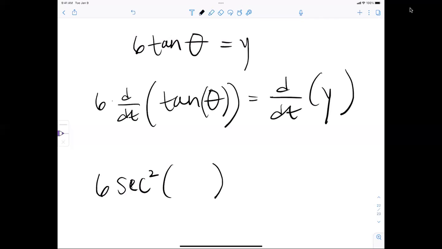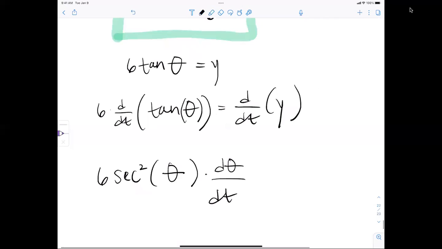We leave the inside alone, which is the theta. And then we multiply by the derivative of the inside with respect to t, which would be derivative of theta with respect to t. So d theta over dt. And then the right-hand side of the equation ends up being dy over dt.